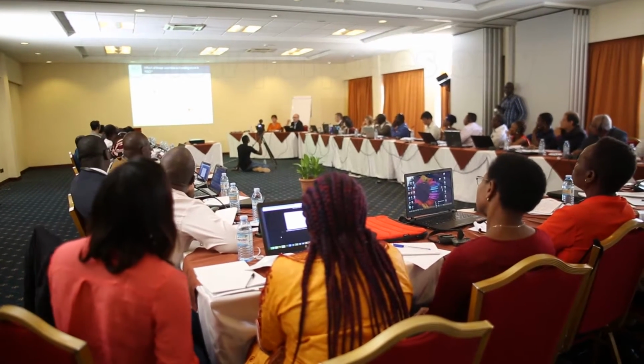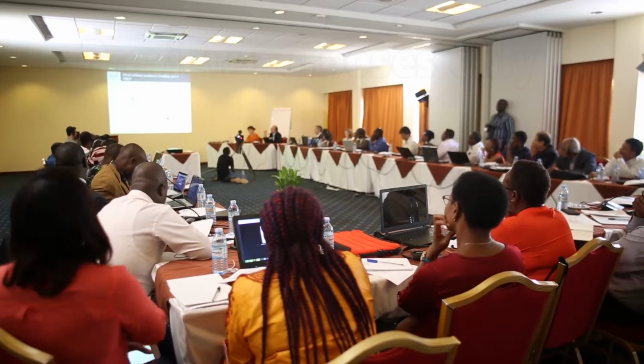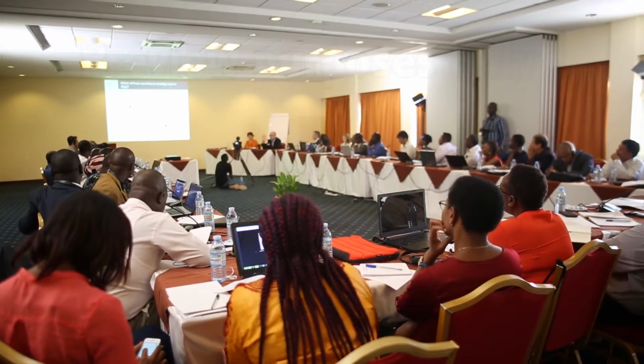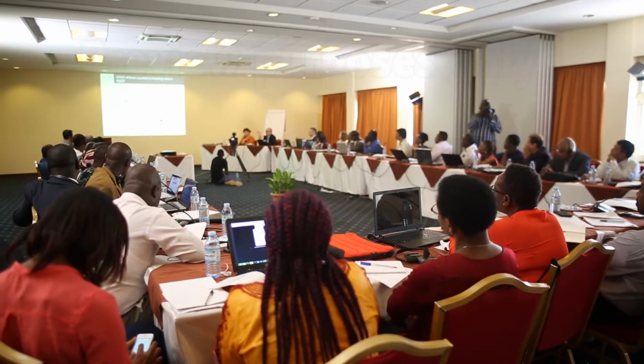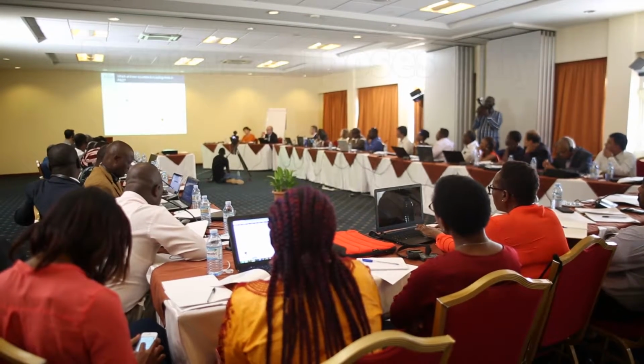So I mentioned before that the ASTI intensity index uses three indices. Here I will only use two, just for the sake of the presentation. I will not deal with the three dimensions, but imagine that it's only two in this case, and you will get a sense of how it works. Let's say those are three countries, and you can think of country A as being the US, country C being India, and country B being any other country.